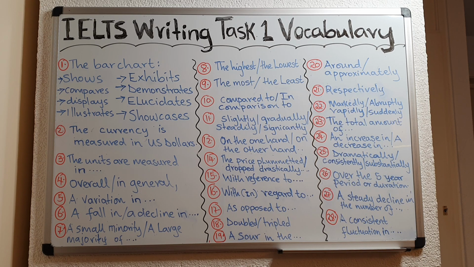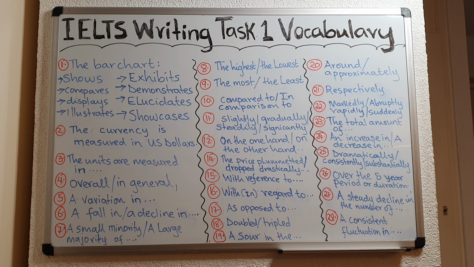For example, in regard to, okay, in regard to the year 2020, it is clear that majority of the teenage girls had stopped smoking. Okay, for example. So we use with reference to or with regard to when you want to introduce a new item that you want to discuss.